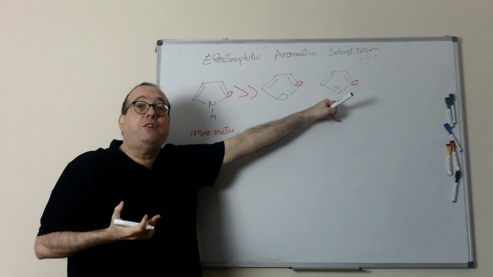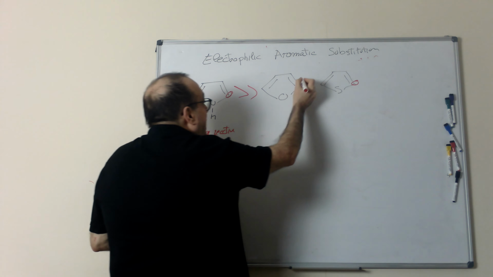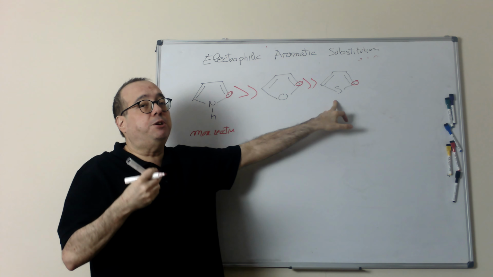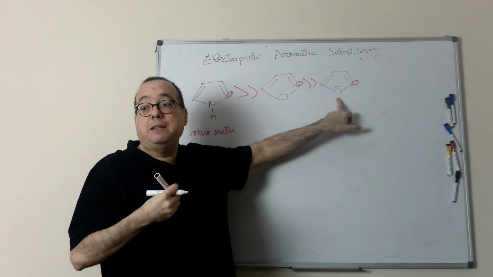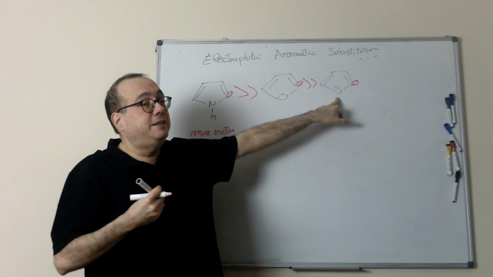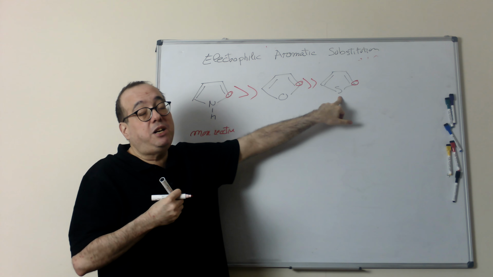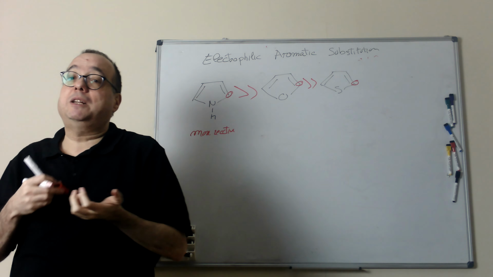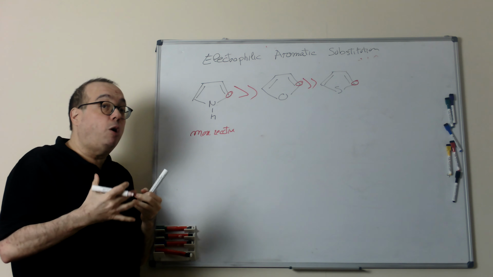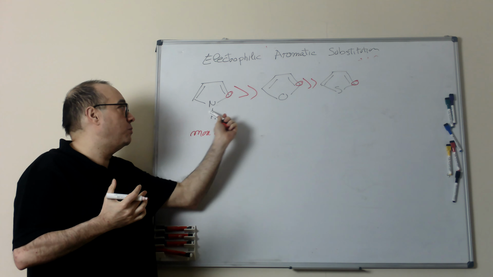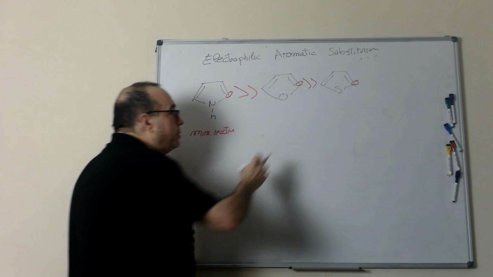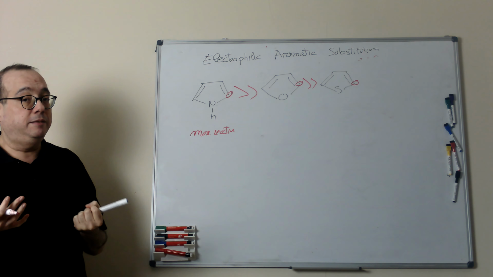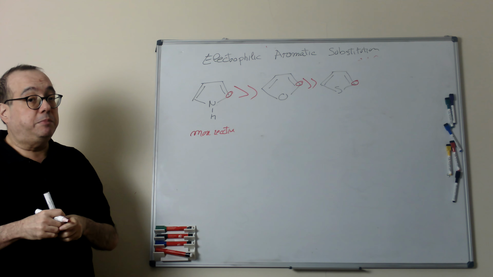And finally we have the thiophene. The thiophene will be the least reactive of all. Why? Because in this case it's not so important the electronegativity, but the thing that affects more the reaction with thiophenes is that the sulfur is from the third period. That means that its orbitals are very big if you compare with oxygen or with nitrogen. Then the overlapping between the sulfur and the carbon is not very good, and this is even worse in p systems.